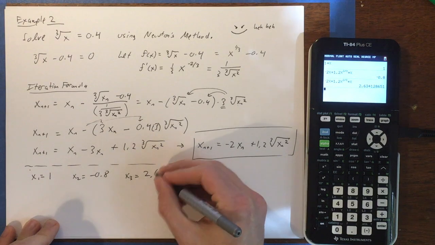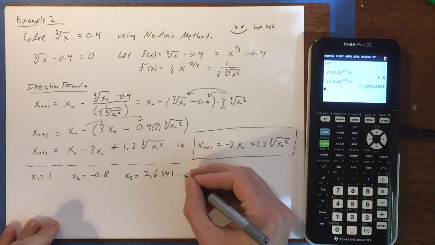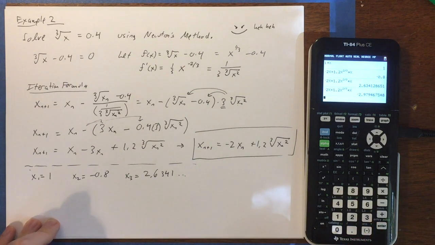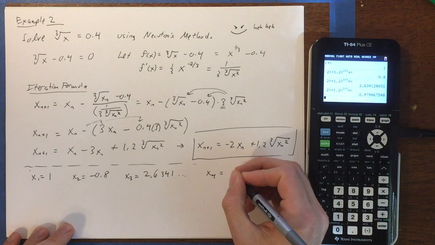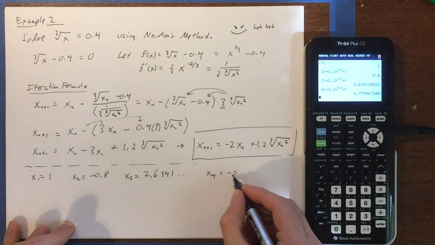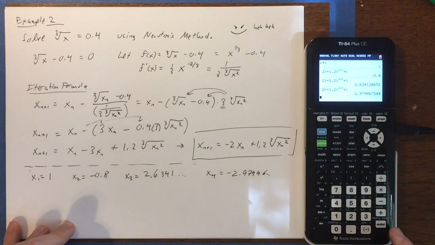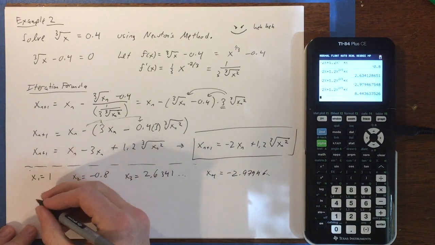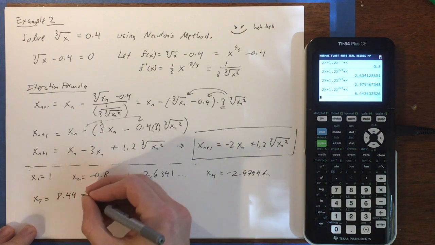x3 is 2.6341... x4, this is a bit odd. Well, I'm alternating negative to positive, aren't I? That's a bit strange. Negative 2.97946... oh my goodness. x5 is 8.4436.